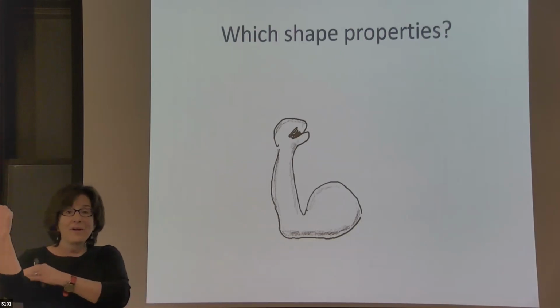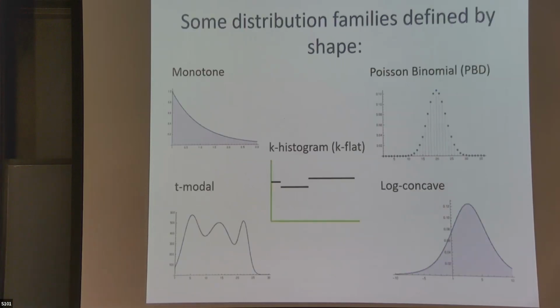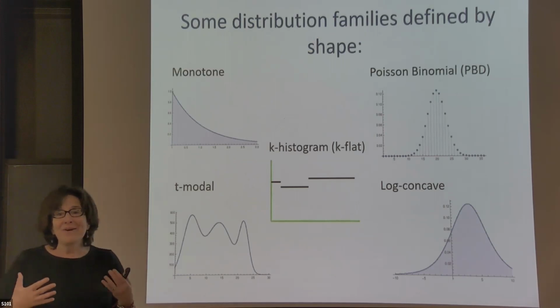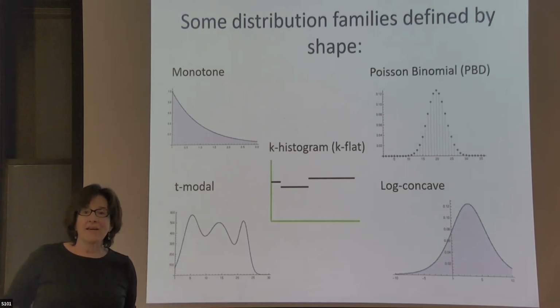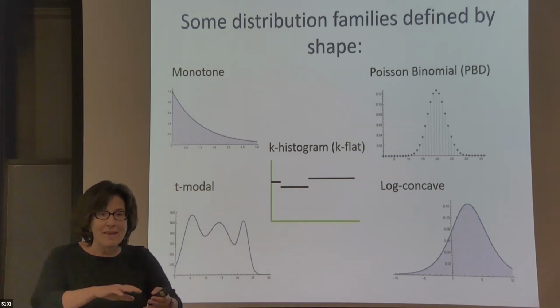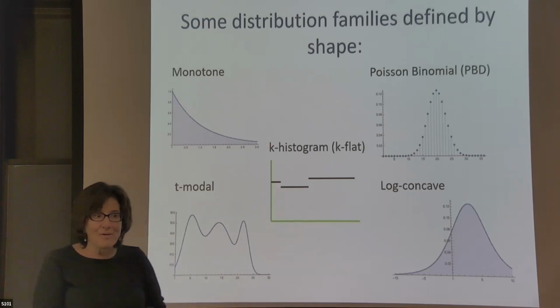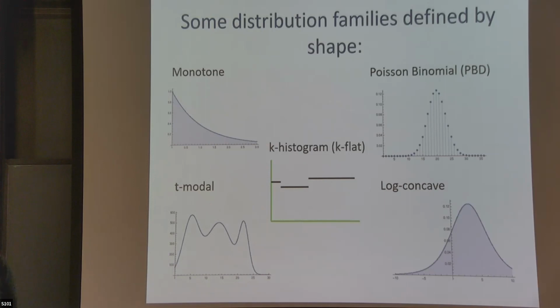So we're going to focus today on properties of shape, more on the shape of the distribution. Okay, so what do I mean by shape? Well, I don't mean things like entropy or support size, which don't seem to have anything to do with how the distribution is moved around, or whether p_i and p_{i+1} are close to each other or not.